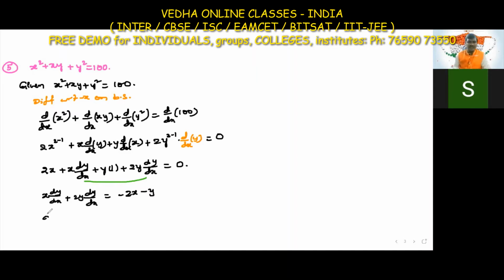Now take dy by dx common. So if you take dy by dx common, then (x plus 2y) is equal to minus of (2x plus y), or minus 2x minus y.